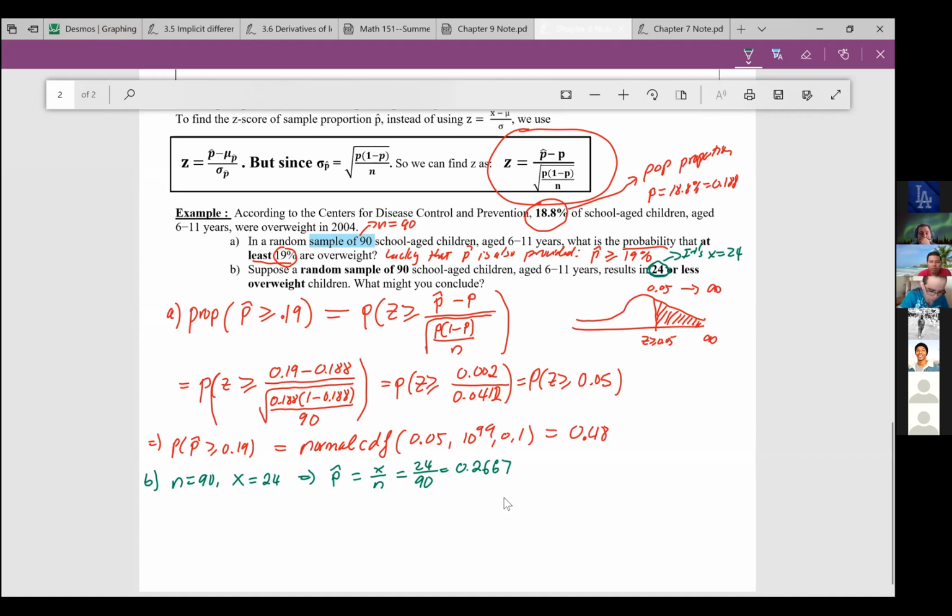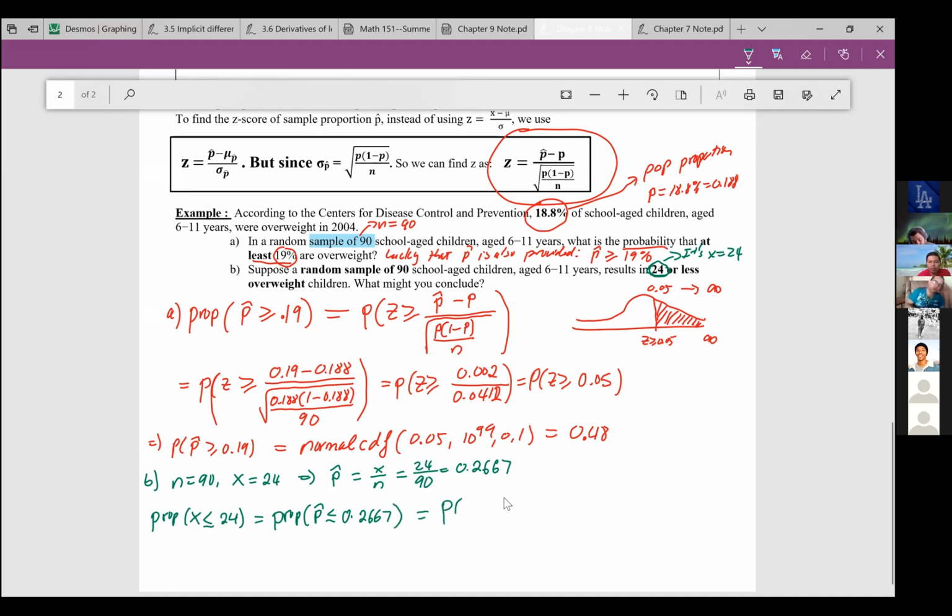So the probability that x is less than or equal to 24 is equivalent to the probability of p hat less than or equal to 0.2667. And then you can convert to z.